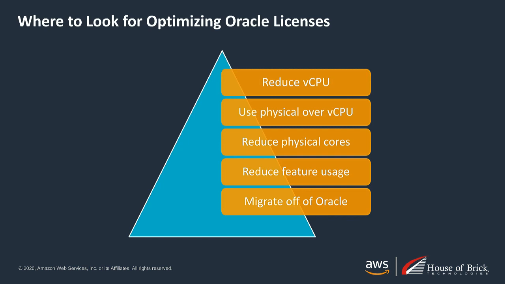Furthermore, you can just reduce the overall number of cores that are in play by consolidating workloads as much as possible. Now, this is obviously a strategy that is going to be attractive if you're doing the physical CPU licensing.